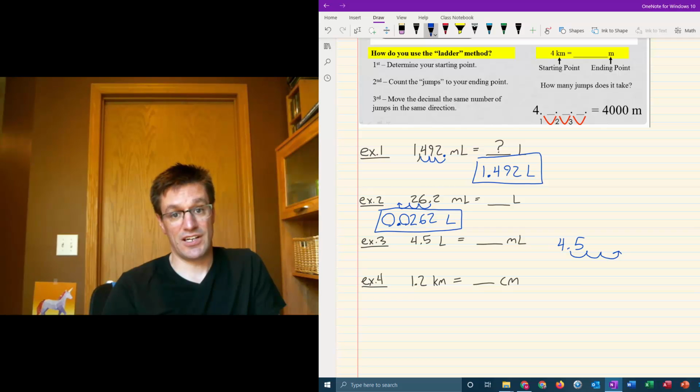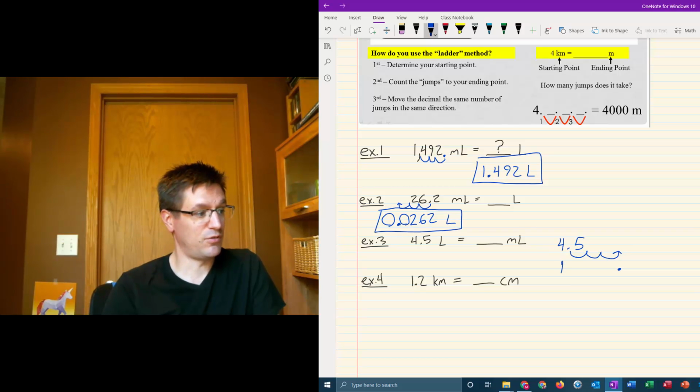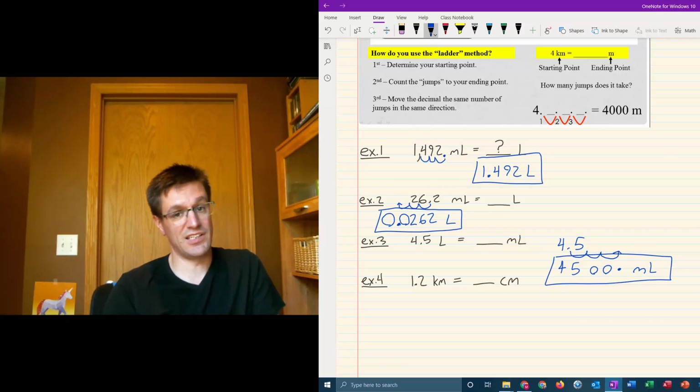And again, I've got a situation where I had to move it past some empty spaces, and I'm going to add zeros right there. So my decimal is going to go at the end, right where the arrow is. I have a 4, a 5, and 2 empty spaces leaves 0, 0. And that's my answer. 4.5 liters is the same as 4,500 milliliters.